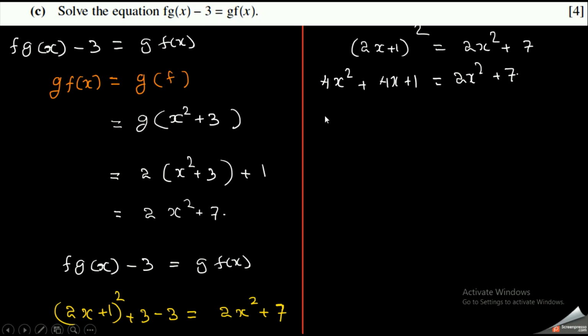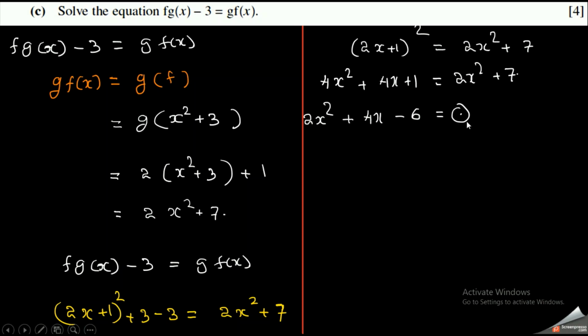Then we will write it. When this goes to this side, minus 2x squared, then 4x squared minus 2x squared is plus 2x squared. This is 4x. This is plus 1. When this comes to this side, there is minus 7. Plus 1 minus 7 is minus 6.